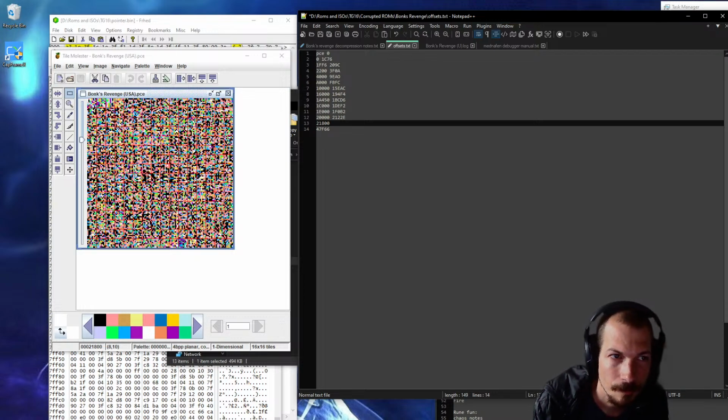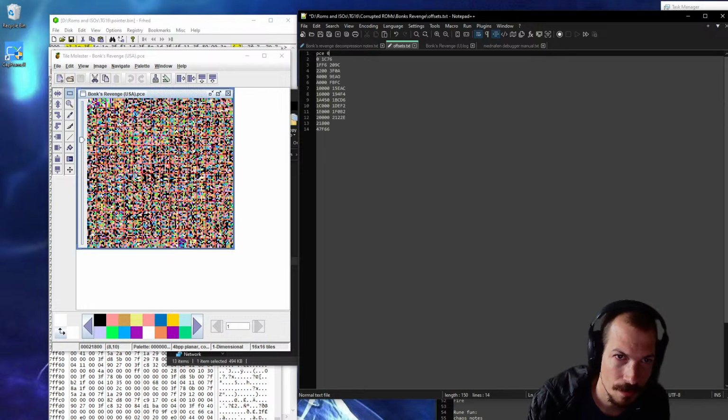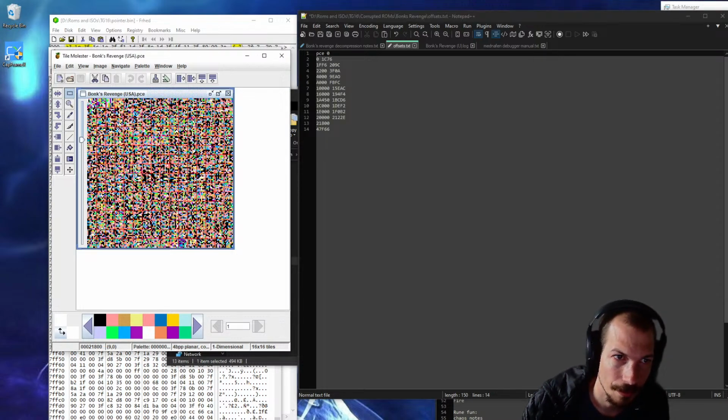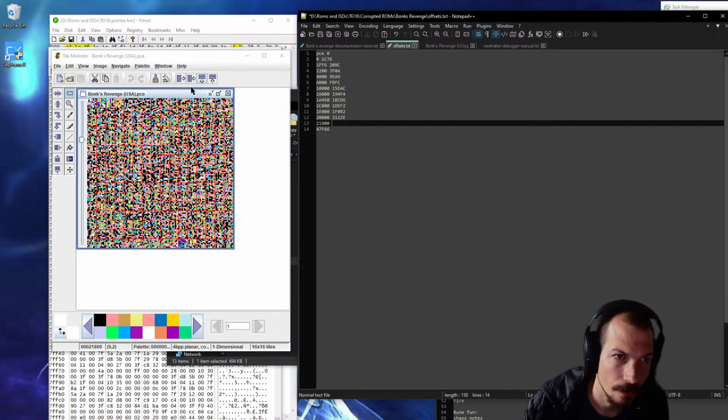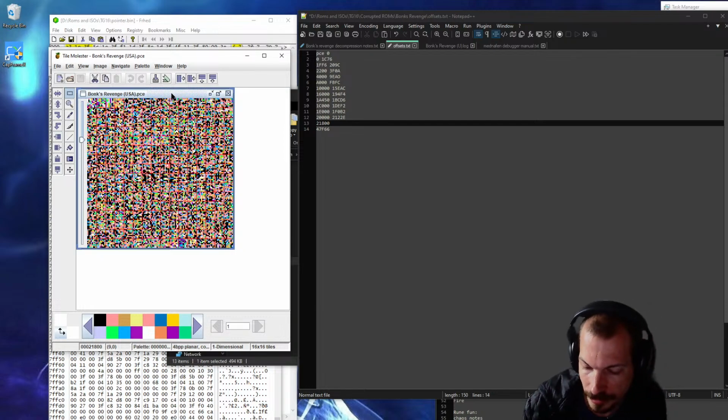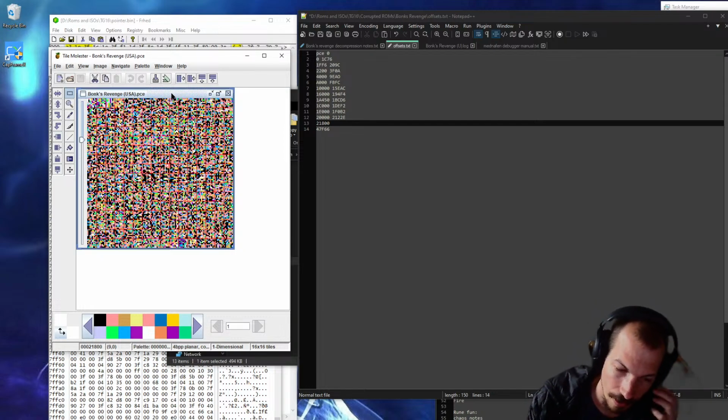Maybe someday we'll take a look at that and figure out what it is. I could always corrupt this specific region if I really wanted to and see what happens, but I just wanted to deal with compressed graphics.